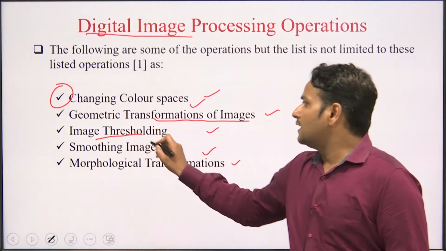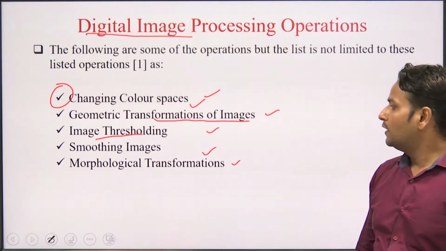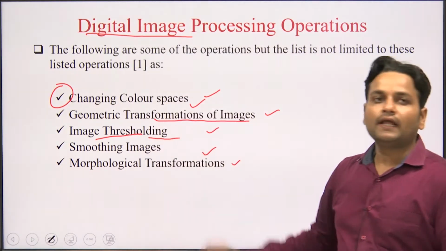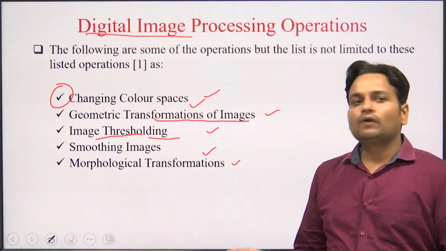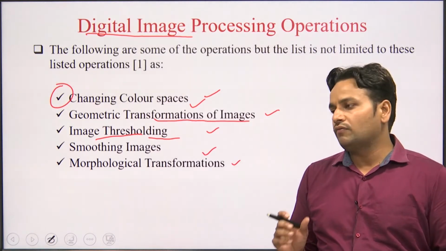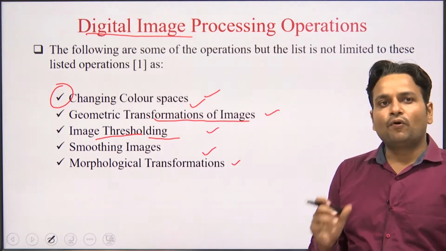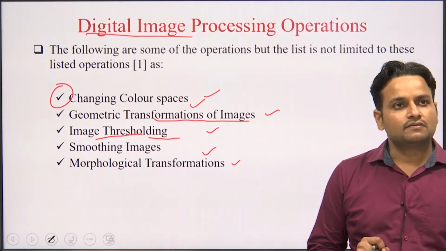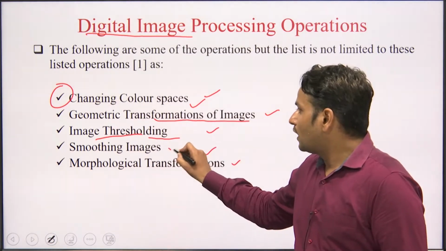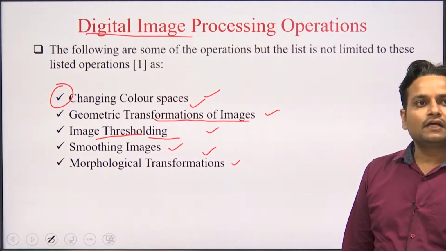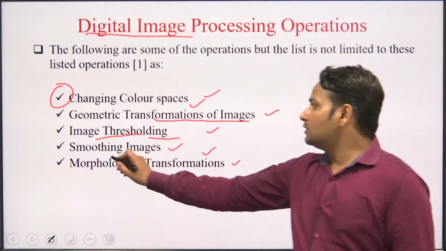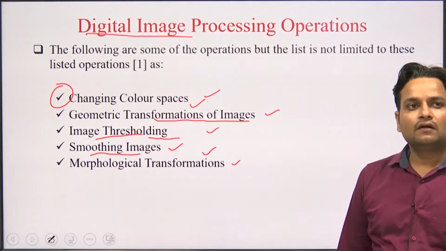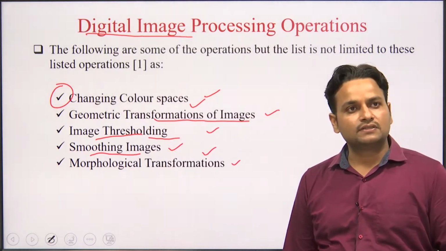The third one is image thresholding. If we talk about image thresholding, then how much threshold is necessary for this particular image to identify, or we can say to extract, information from it. Another operation is smoothing images, which is also a very important aspect of DIP operations.